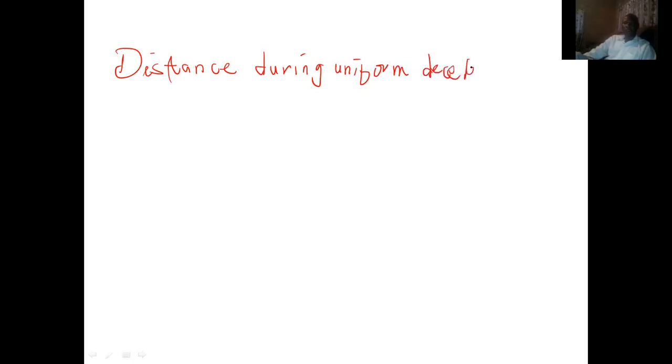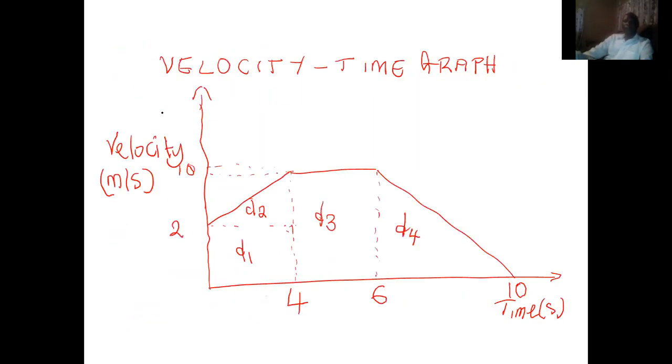So the distance during uniform deceleration, which we have called distance 4.